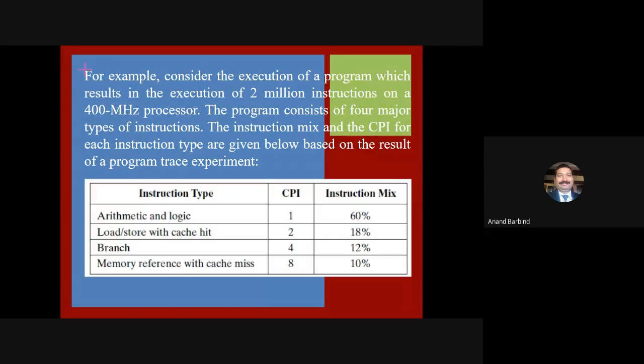The example reads like this: consider the execution of a program which results in the execution of 2 million instructions on a 400 megahertz processor. So total 2 million instructions are executed. This is the IC given, that is 2 into 10 to the power 6, the total number of instructions in a particular program.